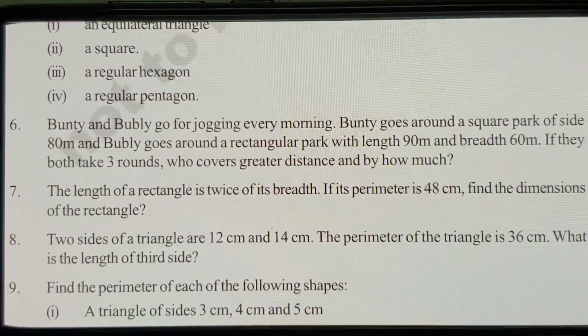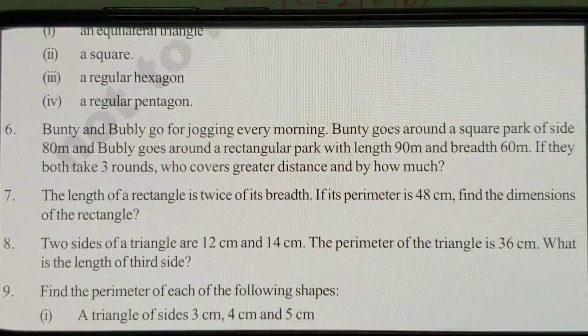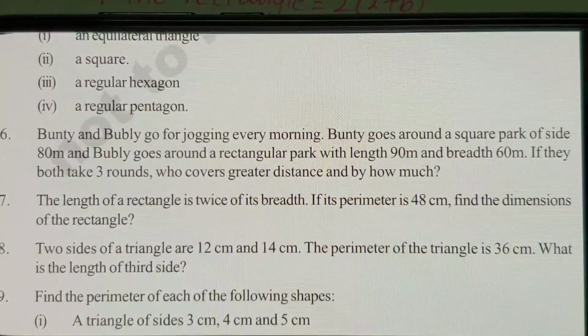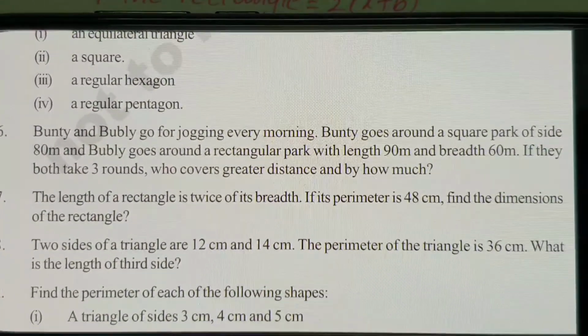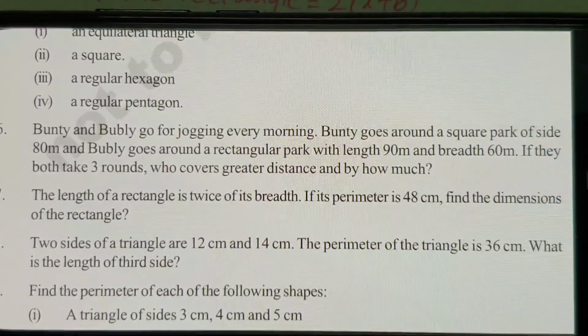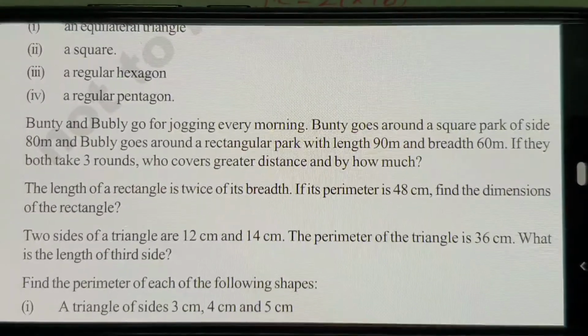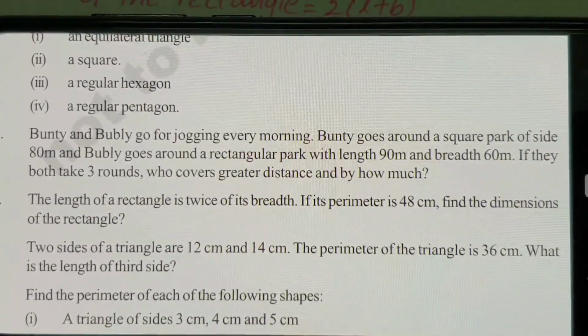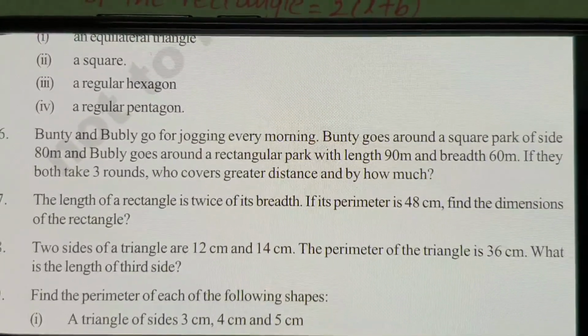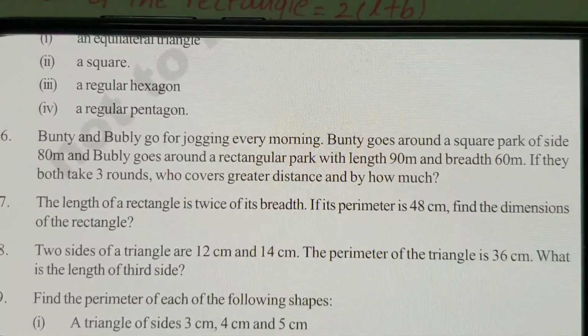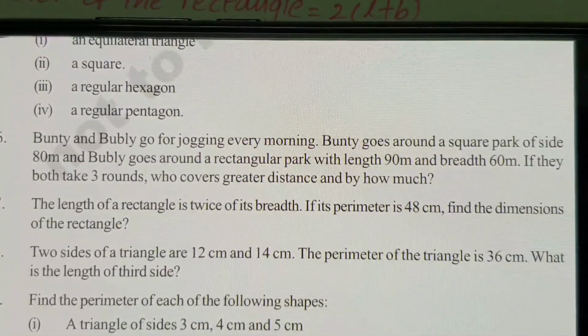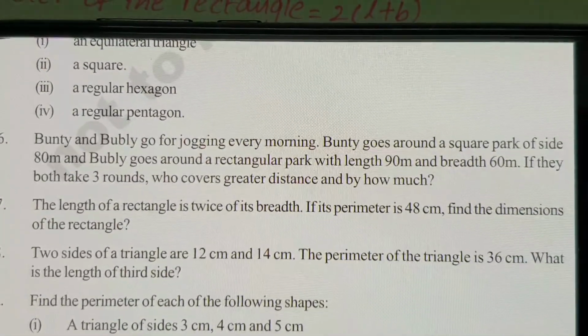Sixth question. Bunty and Bubbly go for jogging every morning. Bunty goes around a square park of side 80 meters and Bubbly goes around a rectangular park with length 90 meters and breadth 60 meters. If they both make 3 rounds, who covers greater distance and by how much?